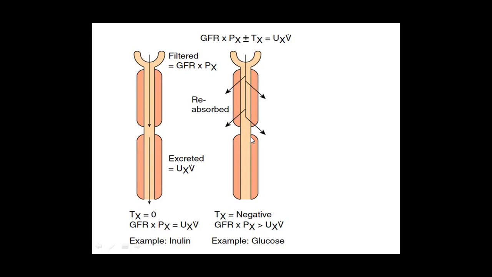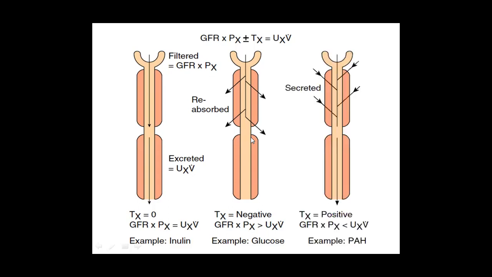Whatever amount is filtered, total is reabsorbed. We can say Tx is total, and again the urinary load is 0. Nothing is excreted. There is a total reabsorption. The total amount of filtrate is processed and reabsorbed or removed, and nothing is excreted. Such an example is glucose.